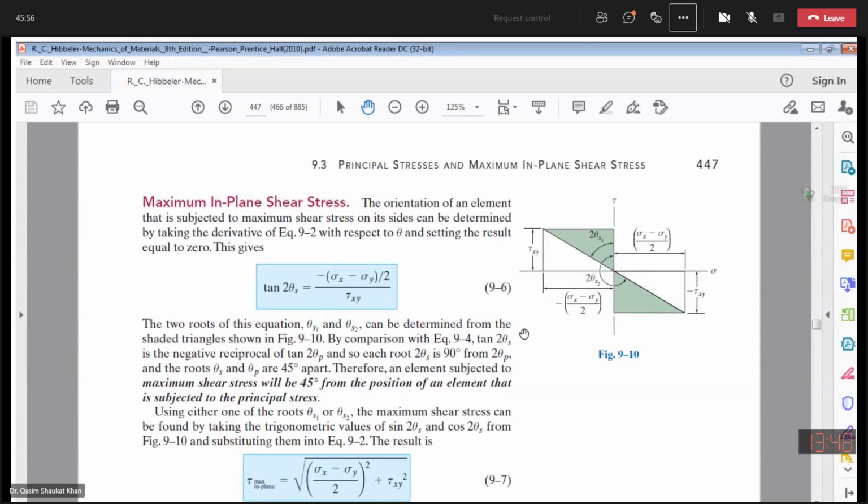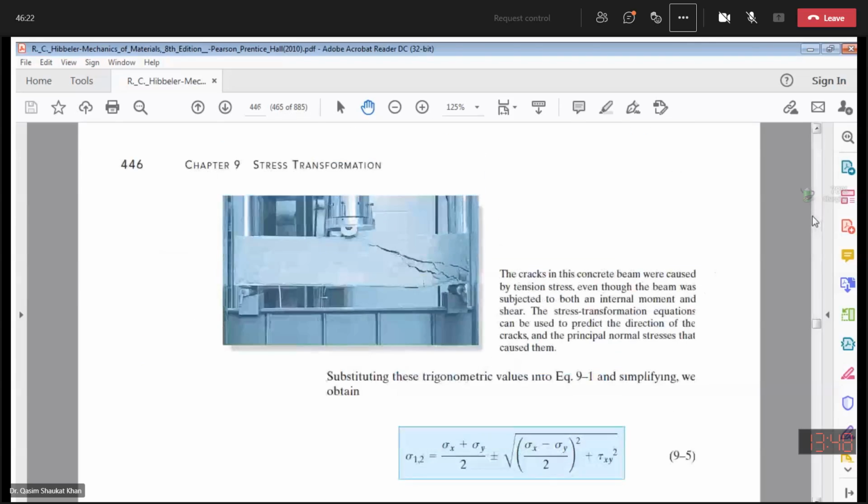Now if you compare it with equation 4, which was tan 2 theta p equal to 2 times tau xy over sigma x minus sigma y, the equation to compute the orientation of the principal planes, then the relationship between this equation and equation 9.4 can be developed.